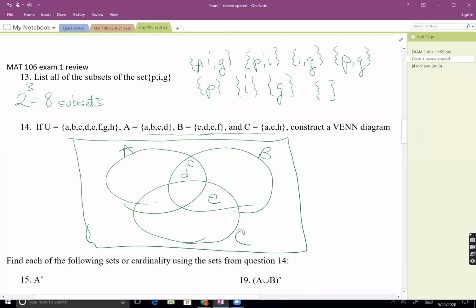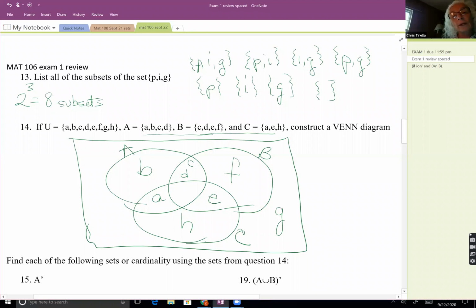A. Set A contains A, C, D. Are we missing anything? B. Set B contains C, D, E. We're missing F. Set C contains A, E, and H. And the universal set contains A, B, C, D, E, F. Oh, we need to add in G.